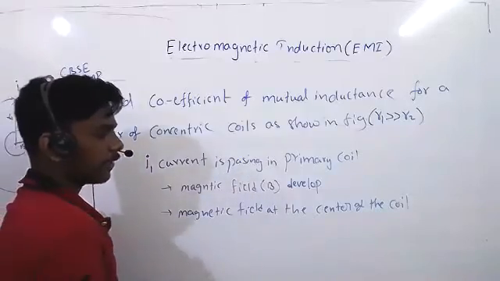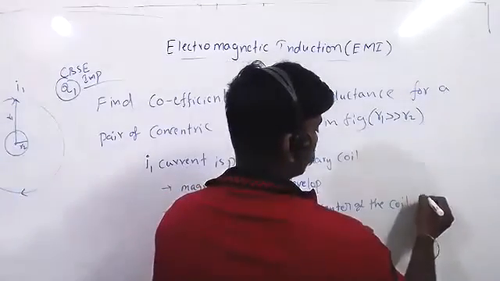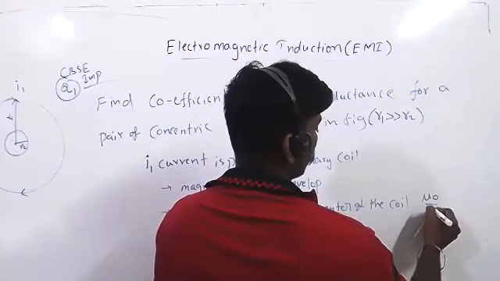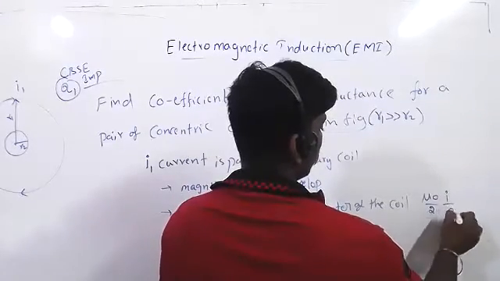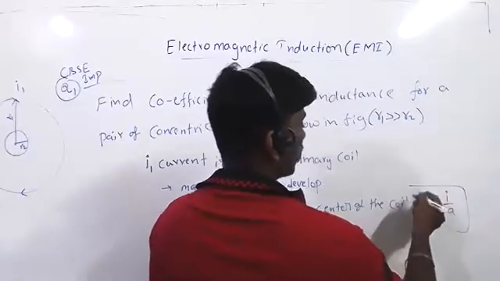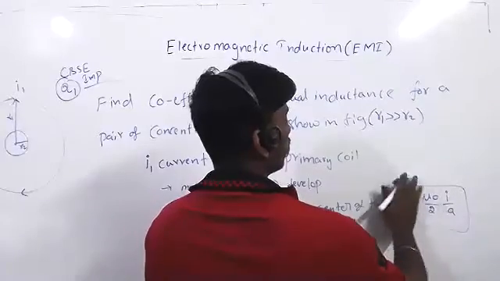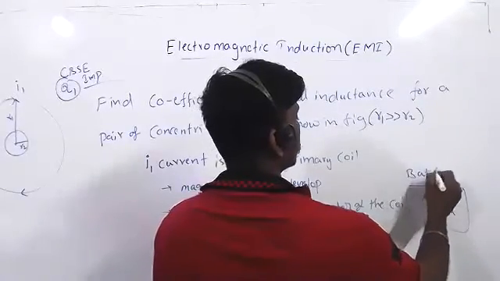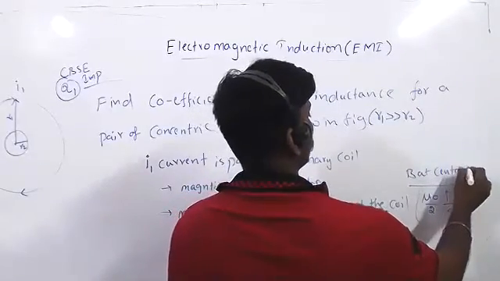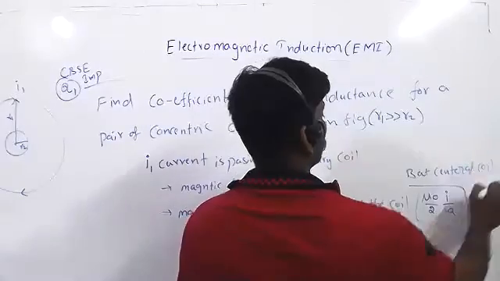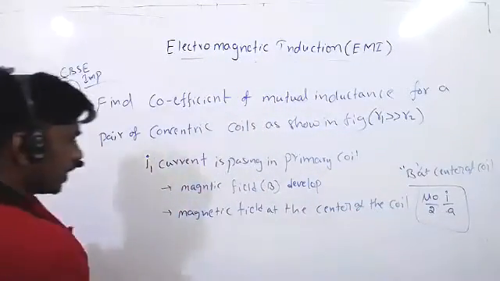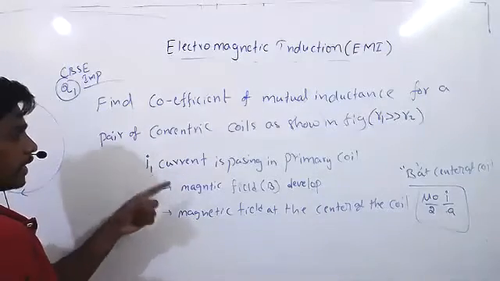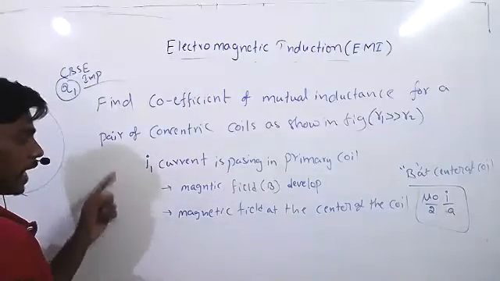Magnetic field at the center of the coil, B at center of coil, is μ0 by 2 I by A. Now tell me, this magnetic field is developed due to current I1.